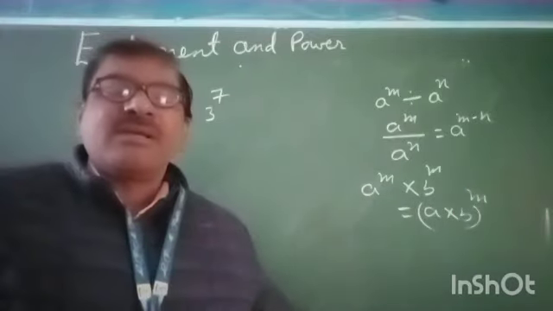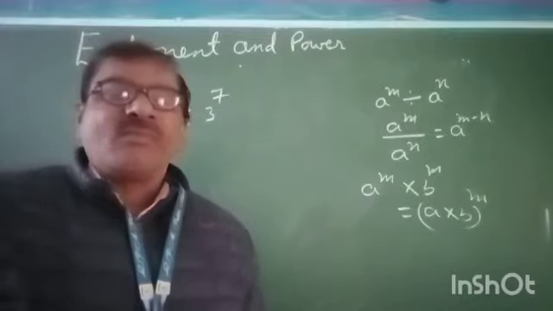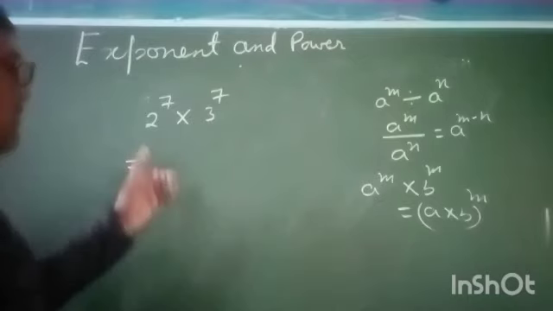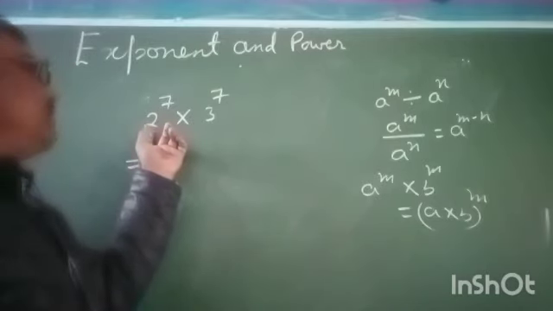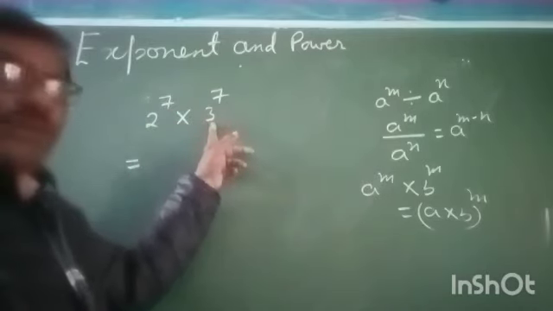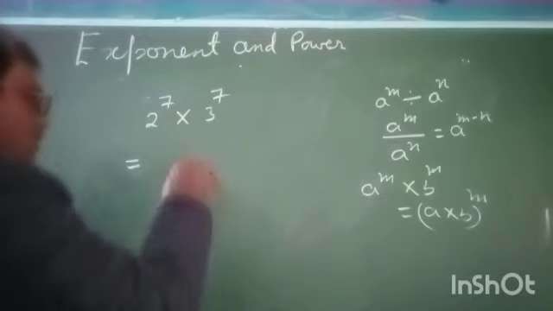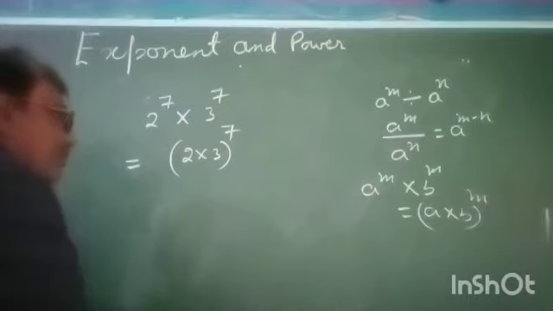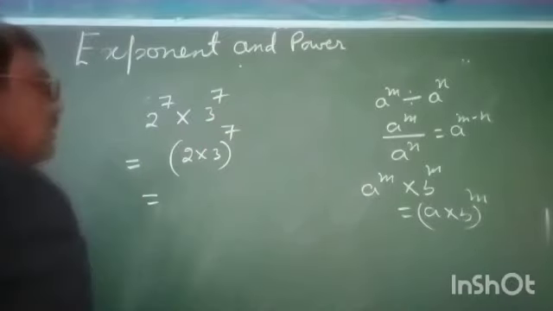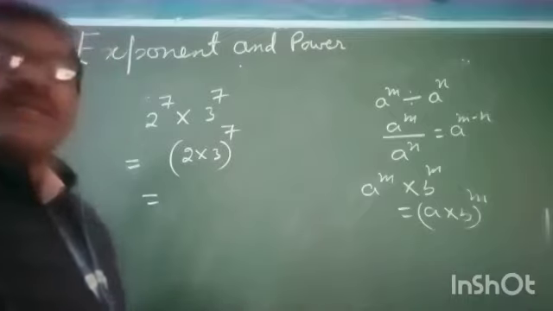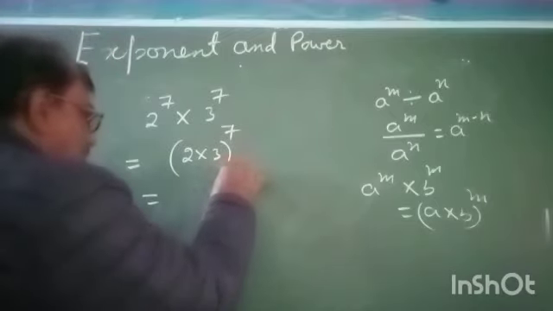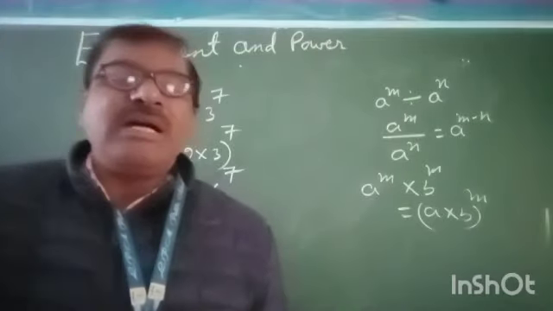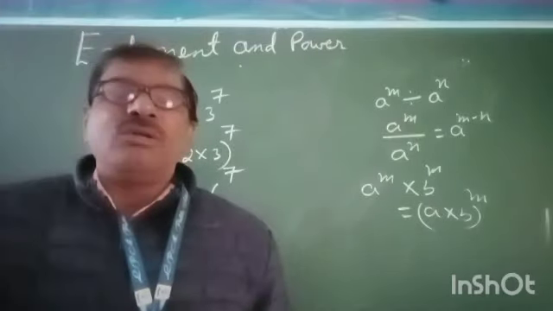So with the help of this law of exponents, here in place of a is 2 and in place of b is 3. First of all, we multiply 2 times 3, and the power will be 7. So it will be equal to 6 to the power 7. So dear student, I hope that this is clear to you.